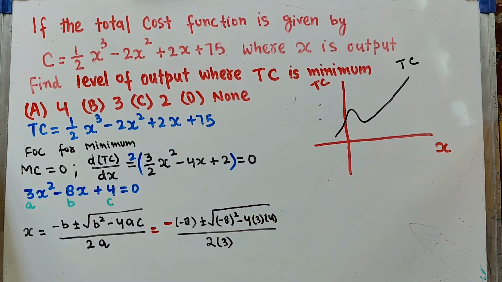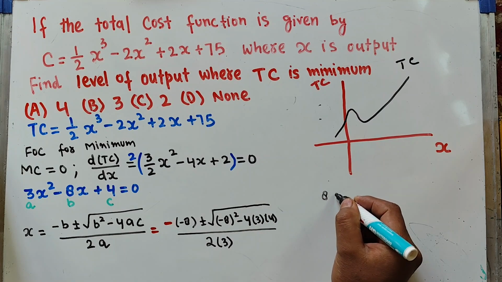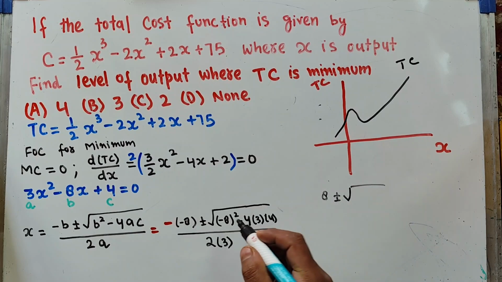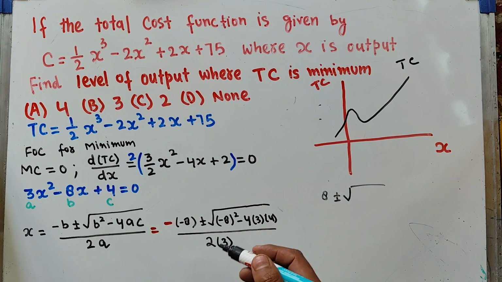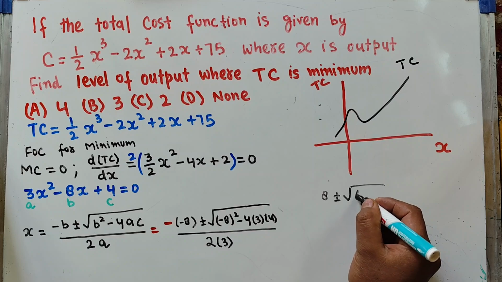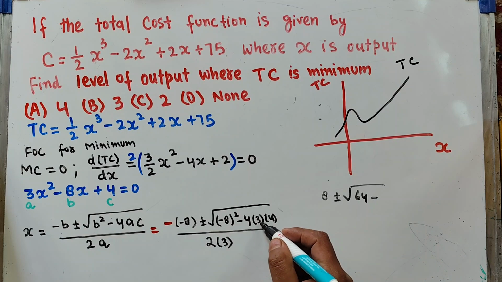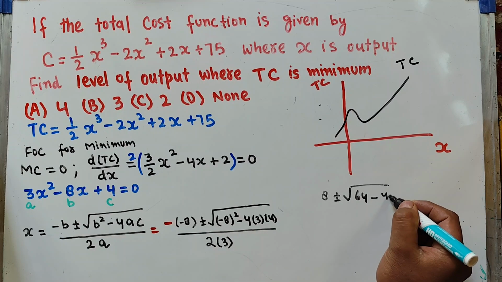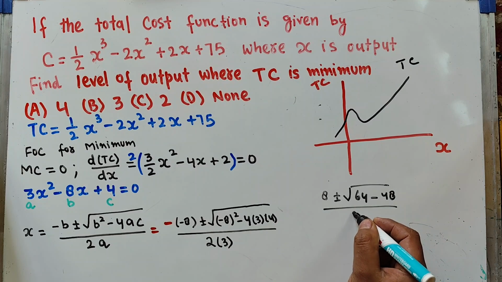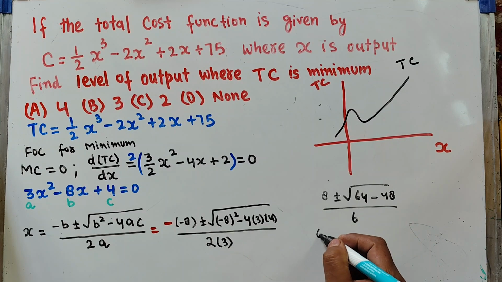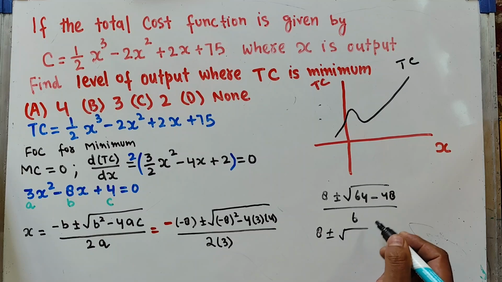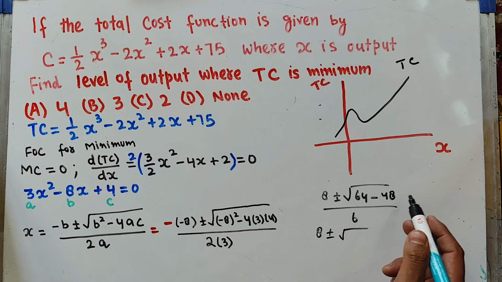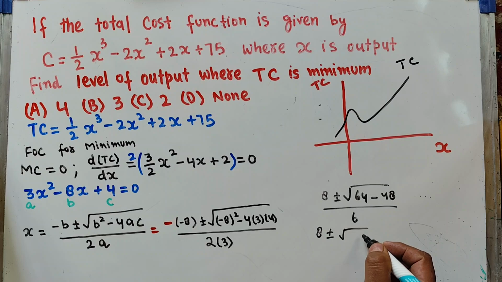Now solving this, minus into minus is plus, so we will get 8 plus or minus the square root of 8 square, which is 64 because the square of a negative number is positive, minus 4 times 3 times 4, which is 48, divided by 2 times 3, which is 6. So it becomes 8 plus or minus the square root of 64 minus 48.